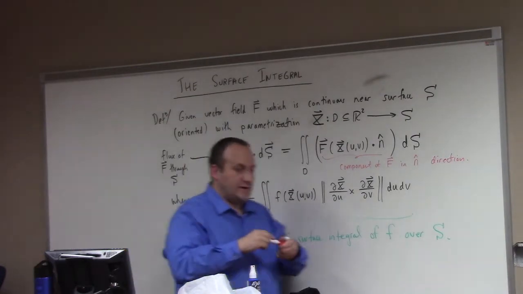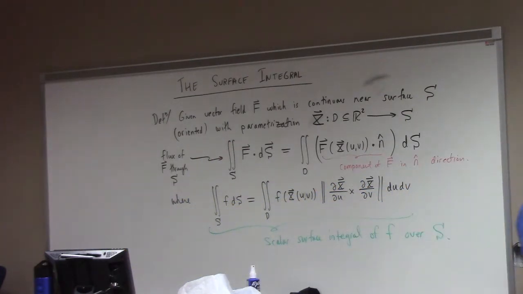So here's a picture of what's going on. Let me hazard a picture here. We've got our parameter domain, u and v. Here's the D. The parameterization maps that up to some surface S. That's what the x map does.